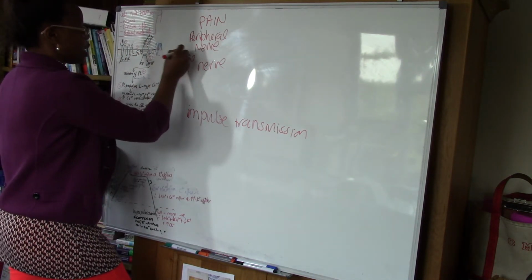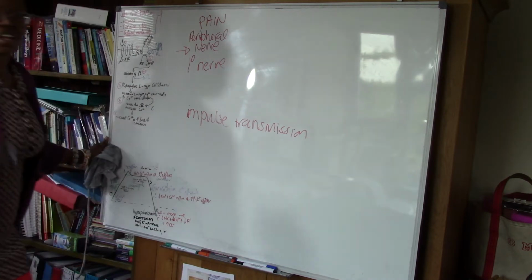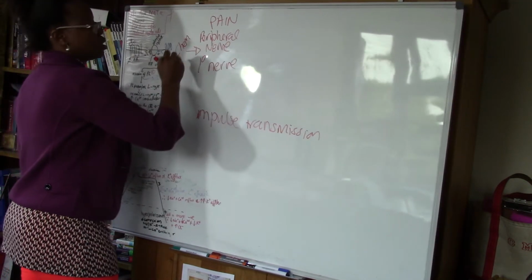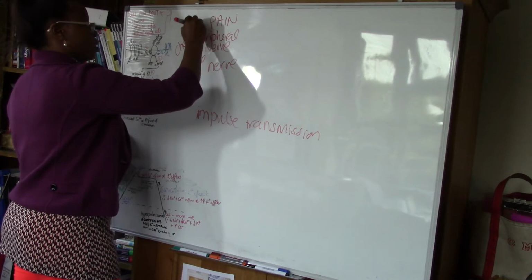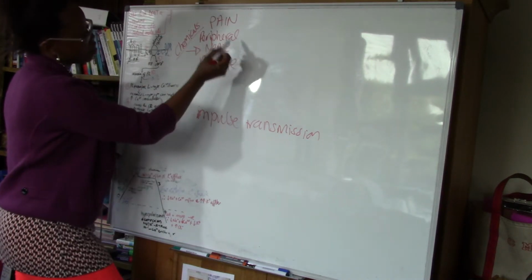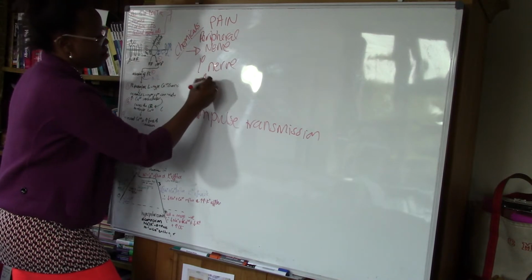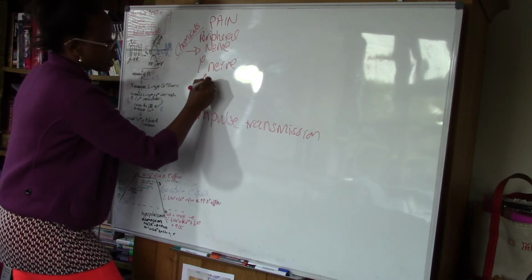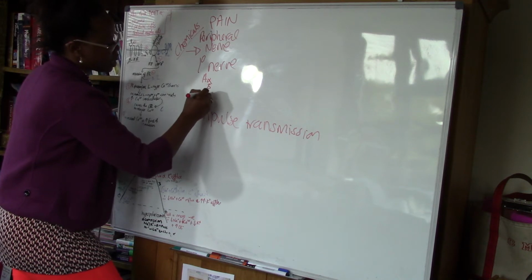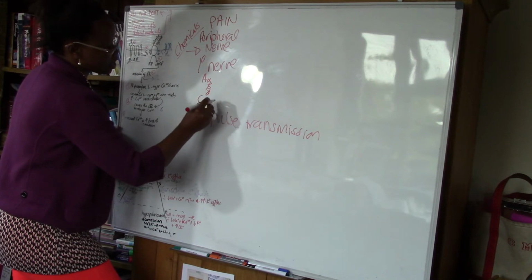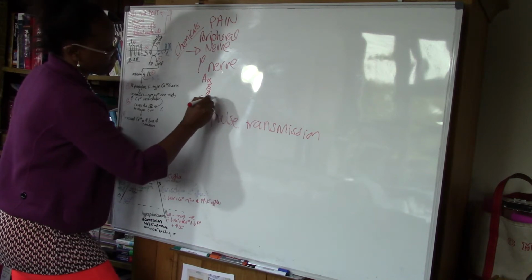So you will get chemicals that will stimulate it, and the first order of nerves can be A fibers, which are A alpha, beta, or delta, or they can be C fibers.